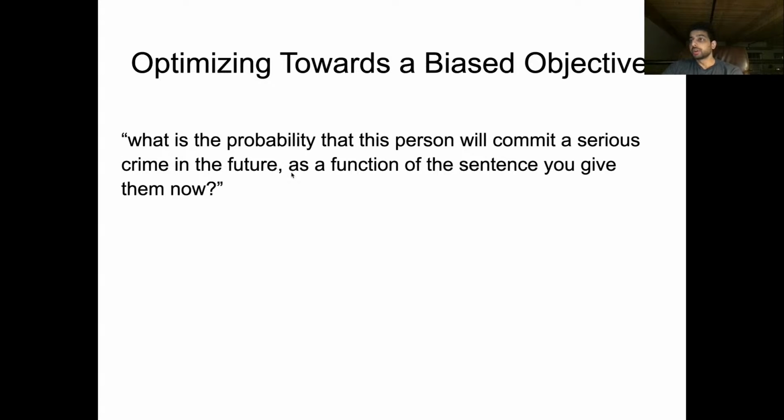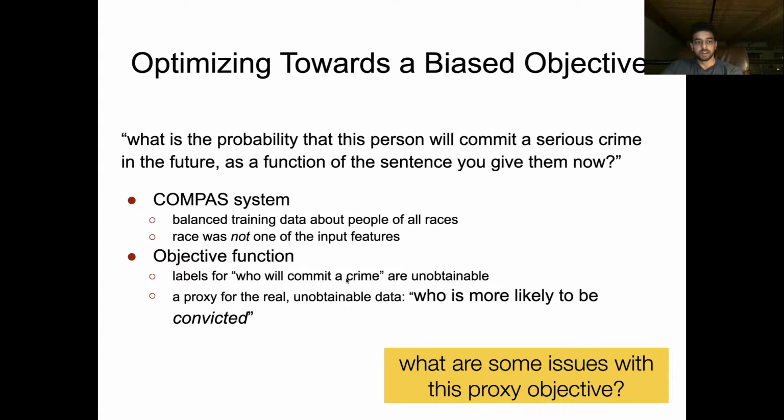So what they did to build this COMPAS system is, instead of getting labels for who will commit the crime, they use a proxy for that, which is who is more likely to be convicted. So they use convictions as a proxy for committing a crime. But of course, this has a lot of issues, right?